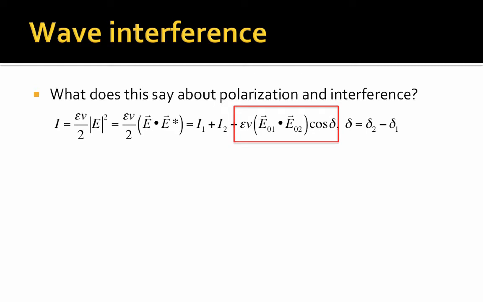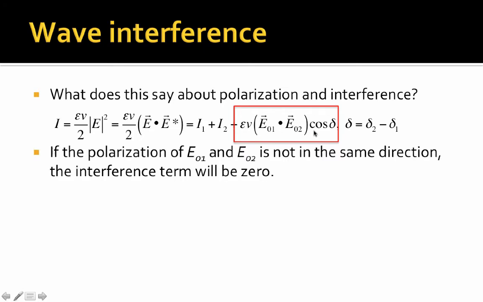So, interesting note, what does this expression say about polarization and interference? This is our interference term, E1 vector dot E2 vector. That term is 0 if E1 is perpendicular to E2.